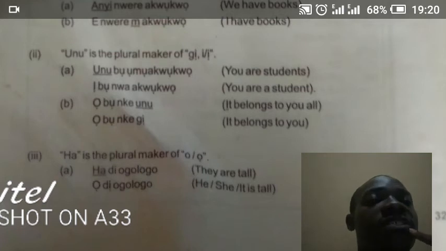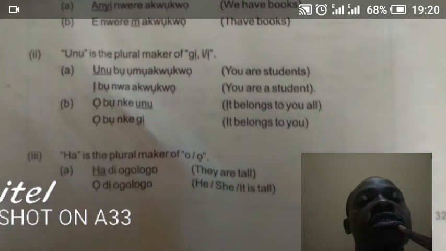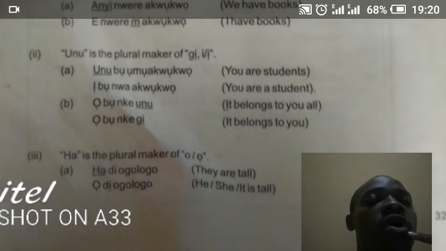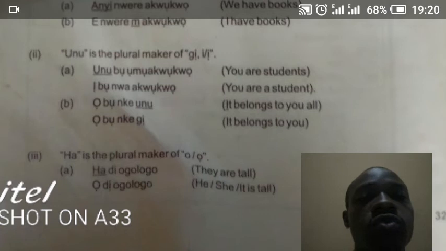So you are students is plural, while you are a student is what? Singular. Alright, the next example, which is B, is ọ bụ nke unu. That is, it belongs to you all. The next one, which is singular, is ọ bụ nke gị. That is, it belongs to you.